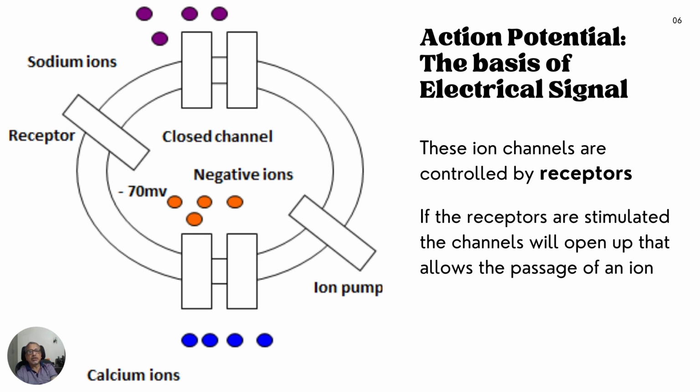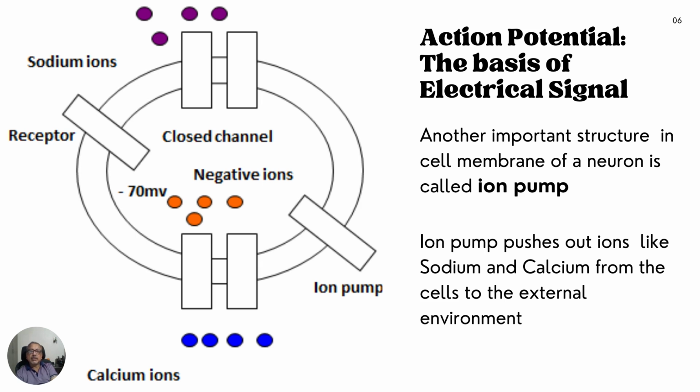You can see the cross section of the nerve, and in this there are ion channels present, separate for calcium ions and sodium ions, and these ion channels are stimulated by receptors. If the receptors are stimulated, the ion channels open up and allow the passage of ions from the outside environment to the inside of the cell.